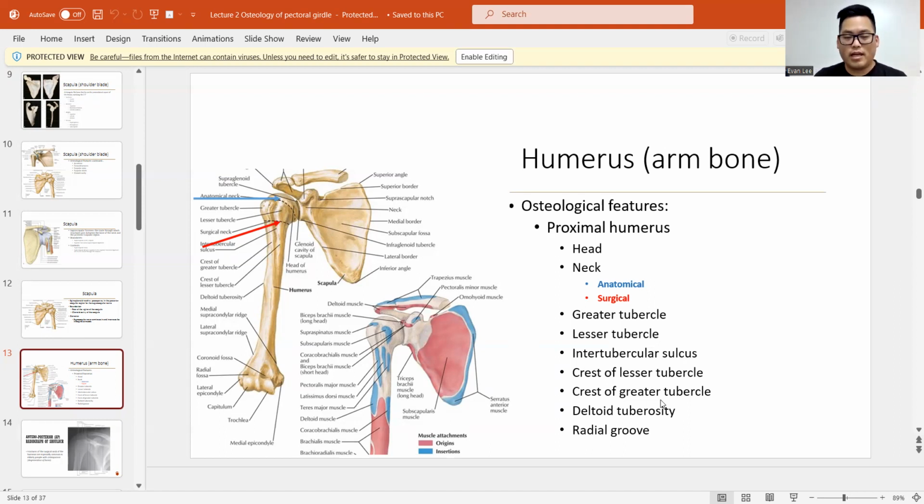Now, on the side of the humerus, there's going to be a point of attachment for a certain muscle. If you know anything about the muscles of the shoulder, there's this big muscle that rests right on the shoulder cap. That's called the deltoid. And if you look closely, although it's a little bit hard, there's this rough part right on the lateral side of the humerus.